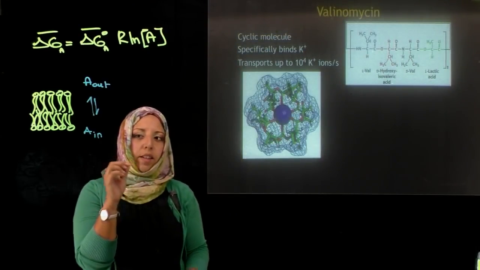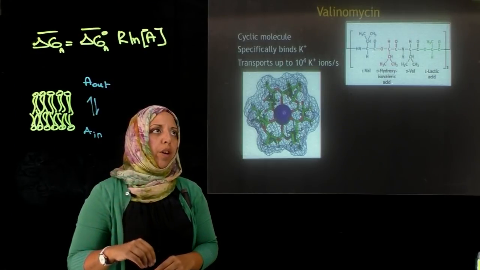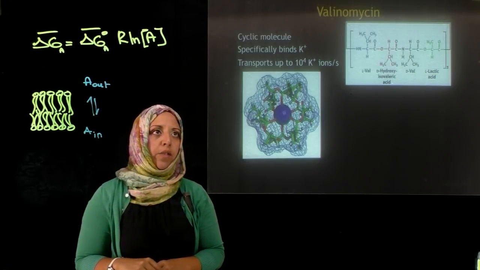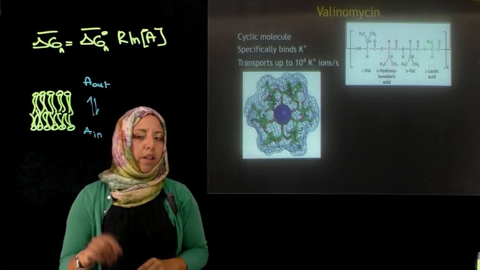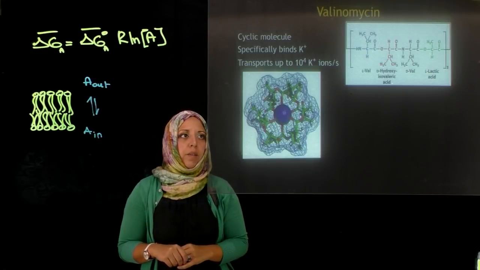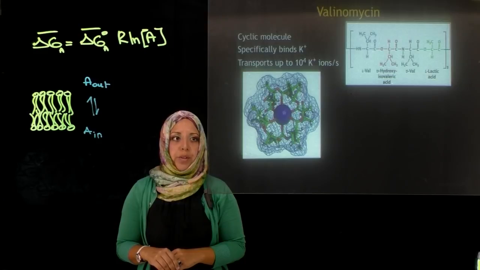So one perfect example of an ionophore that is very selective towards potassium ion is known as valinomycin. It specifically binds potassium ion and transports it across the membrane at a very high rate. It transports 10 to the 4 potassium ions per second.